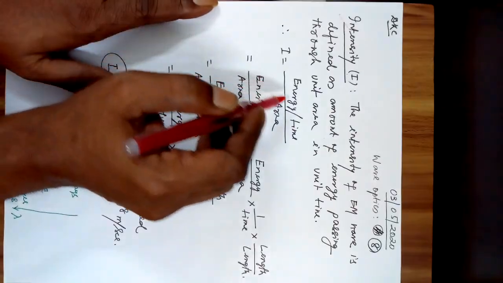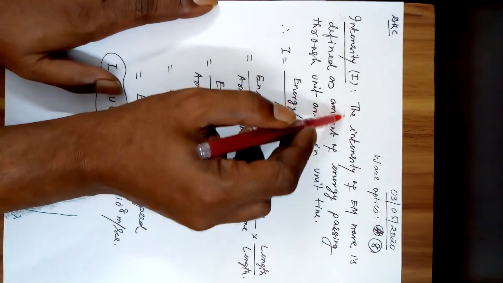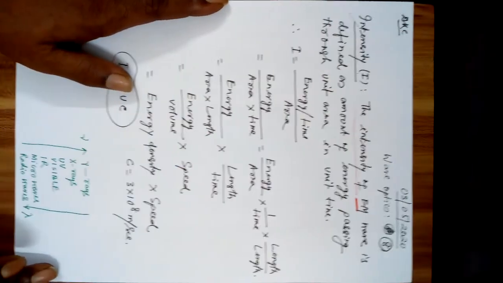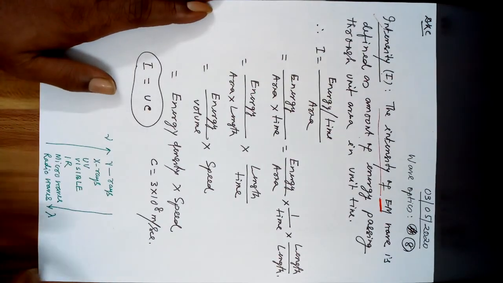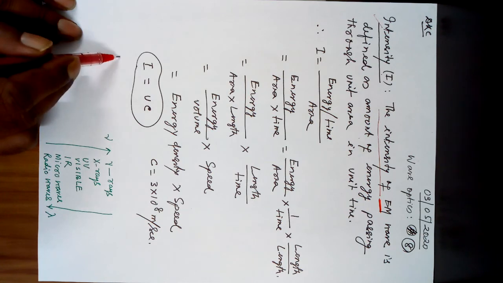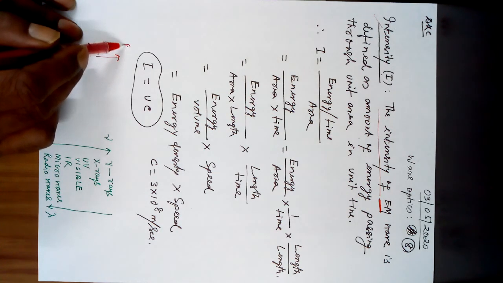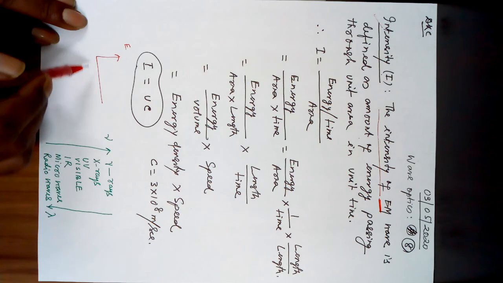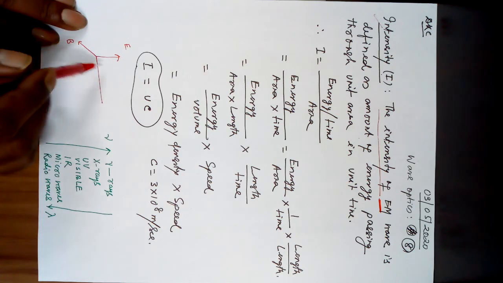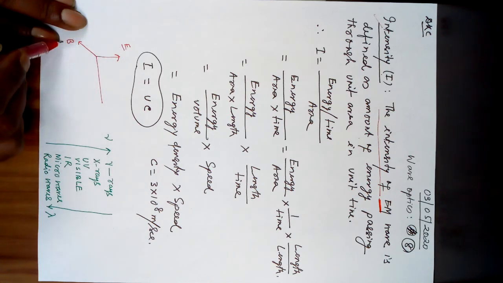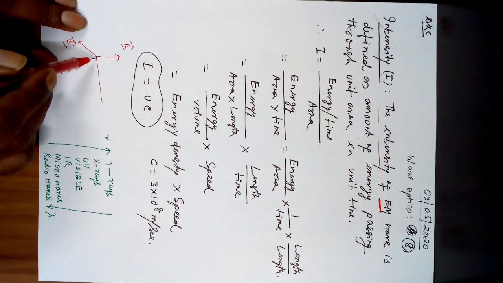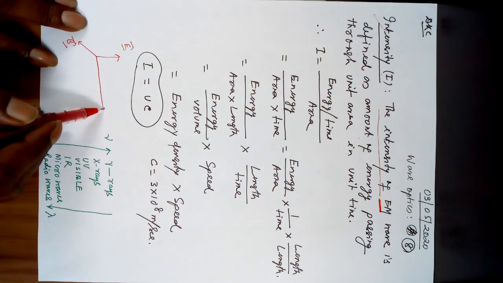The symbol is I. Now what is the intensity of an electromagnetic wave? What do you mean by electromagnetic wave? I had explained to you they were produced due to an electric field along the y-axis and a magnetic field along the z-axis. When the electric field and the magnetic field were both changing with respect to time, a disturbance was moving along the x-axis.